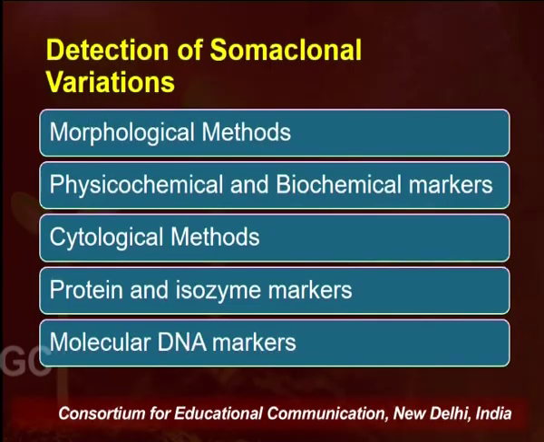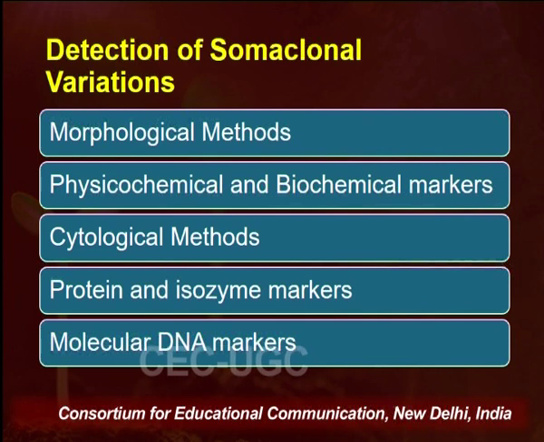Now we move on to the various methods by which you can detect whether somaclonal variations have occurred in the plants or not. The various methods are morphological methods, wherein we evaluate certain morphological traits of the regenerated plants. Then physicochemical and biochemical markers.